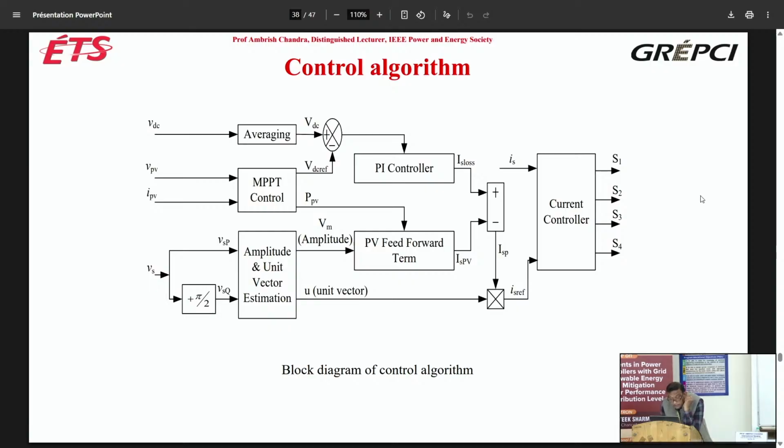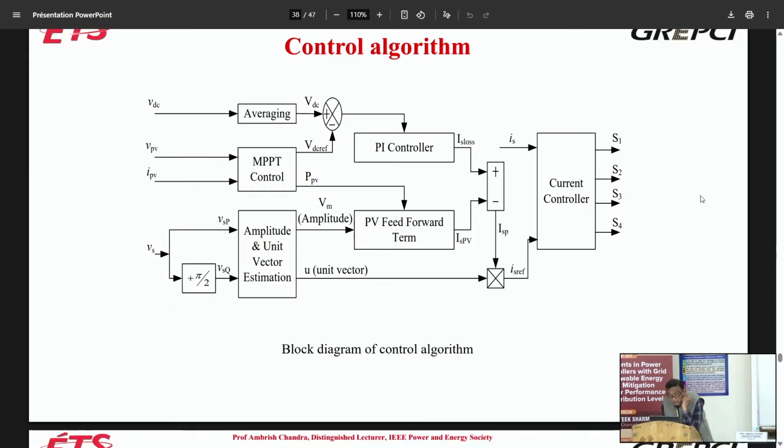This is in phase and this is in quadrature, and you calculate the amplitude. This is the unit vector, and then here you have source current, PV current, and minus the losses. It will give you the amplitude of the source current multiplied by the unit vector. So this is the reference current, this is the measured current, and you can control the switches.